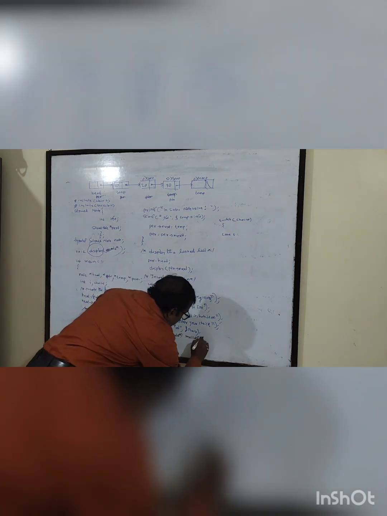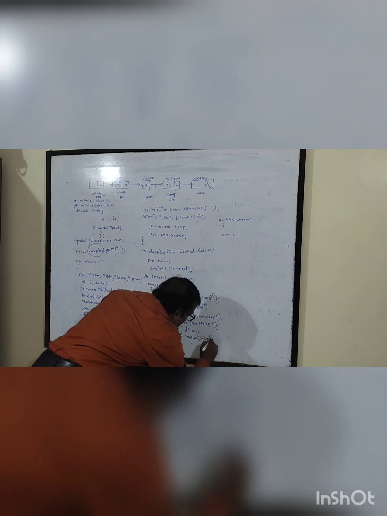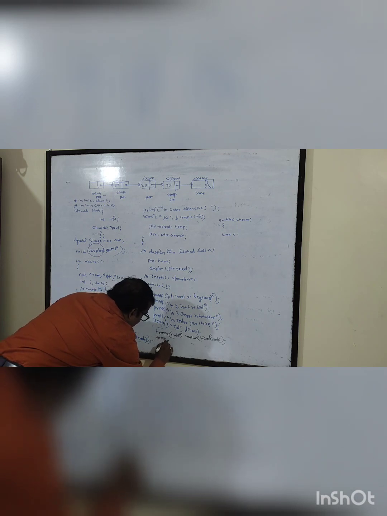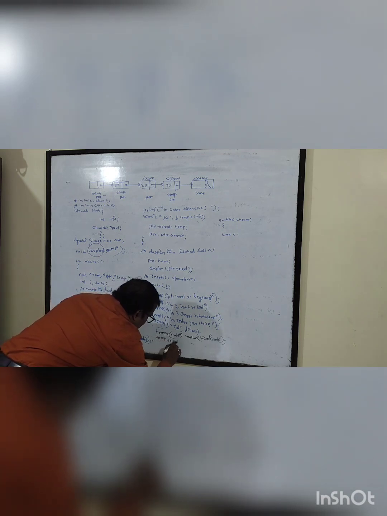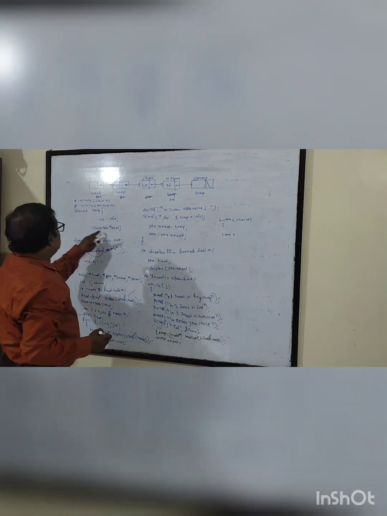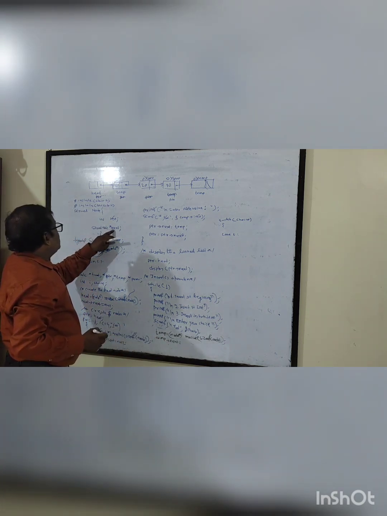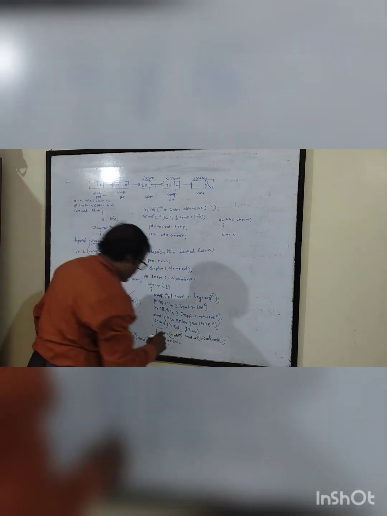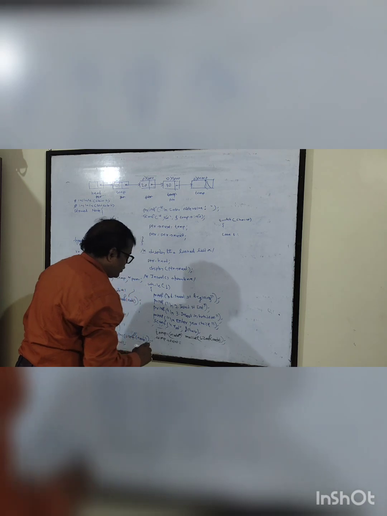Write here sizeof node, bracket close, and obviously temp of next. You should understand why we are getting the next here, because one of the members in the node structure is called next, right? Temp of next equal to null.